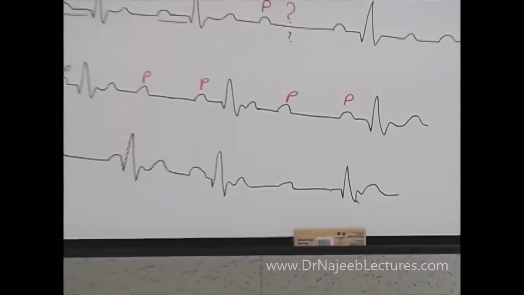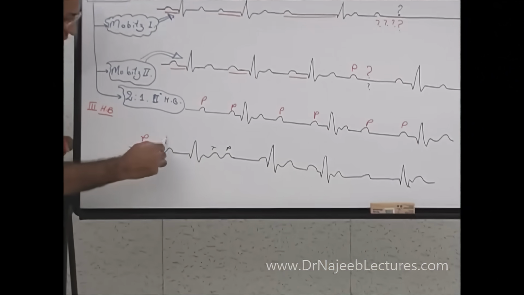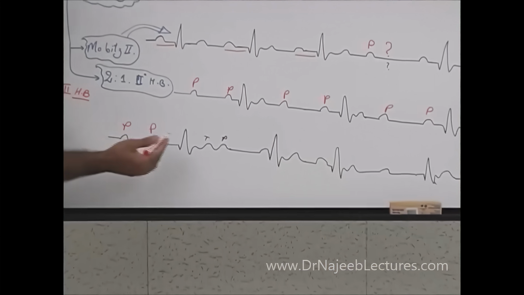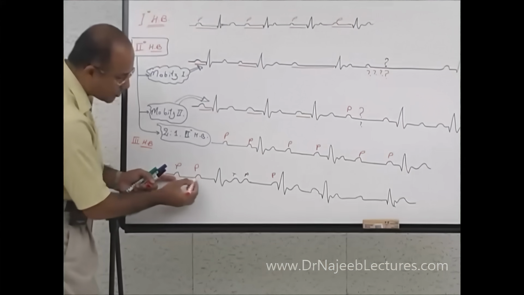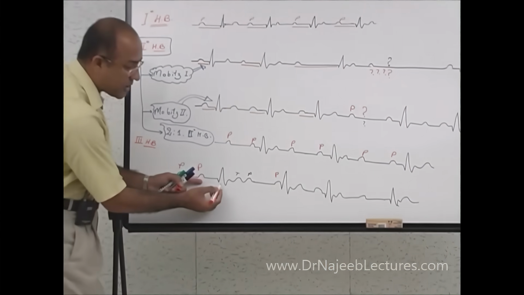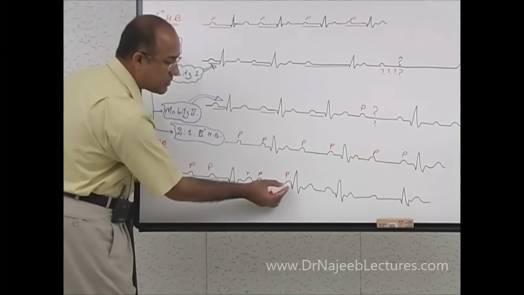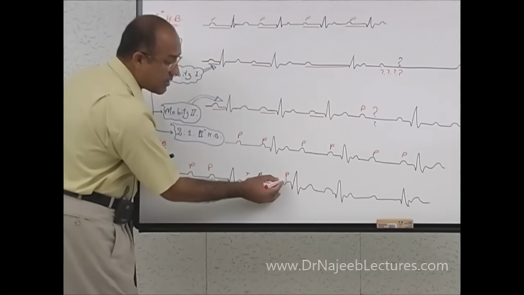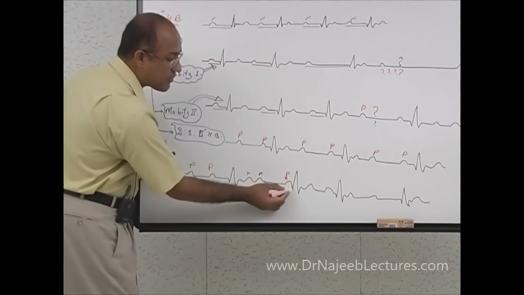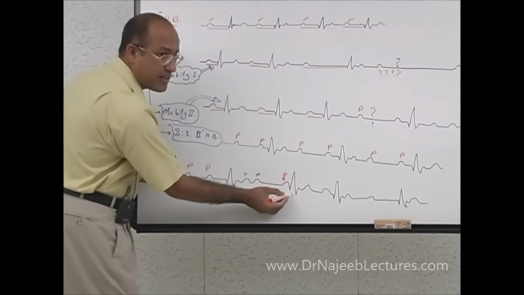Now look here, in this last pattern, this is third degree heart block. You see there is no relationship between P and QRS, which can be well defined. Look here, it looks as if after 2 P waves there is one QRS, but you cannot say that, because here there is no PR interval, just the P wave came and immediately QRS came. It means that when the SA node fired, around that time the pacemaker in the ventricle also fired, right?